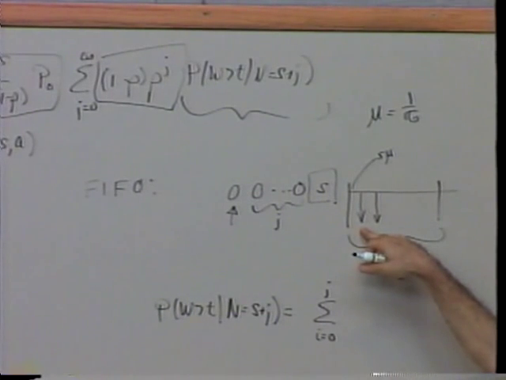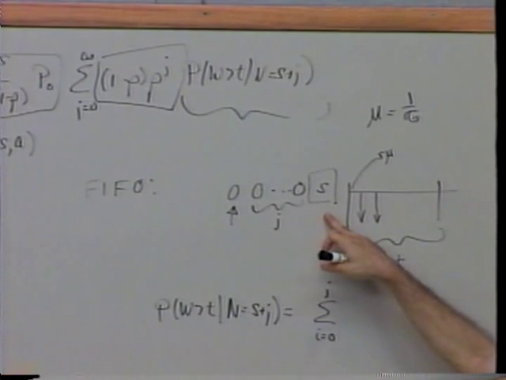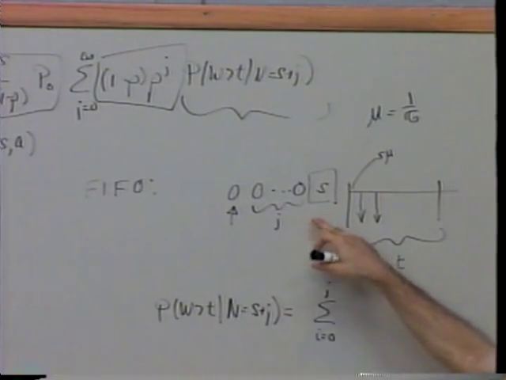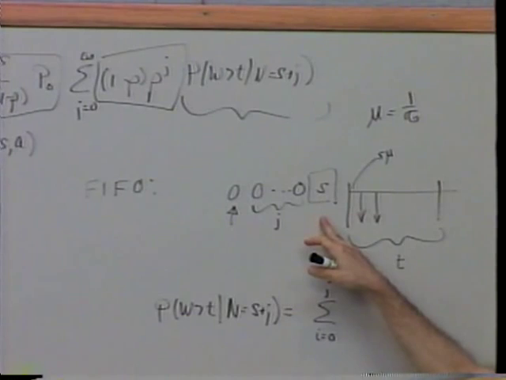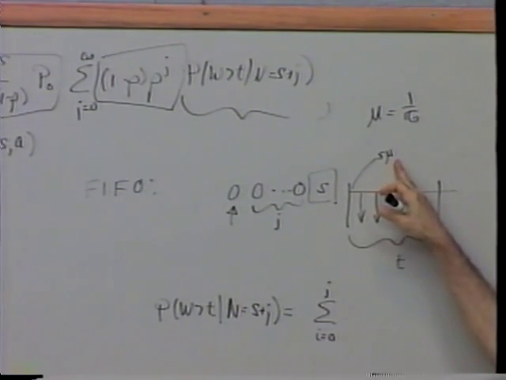Everybody see that? Let me repeat that. The customers in service have exponential service times. So when a test customer arrives, the remaining service time of each of the customers is independent of how long they've already been there because of the Markov property, and is exponentially distributed with rate mu. The time until the first service completion is the minimum of those S exponential variables, and we proved in class that the minimum of S independent identical exponential variables is also exponential with a rate equal to S times the original rate.